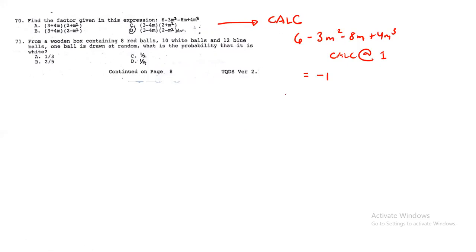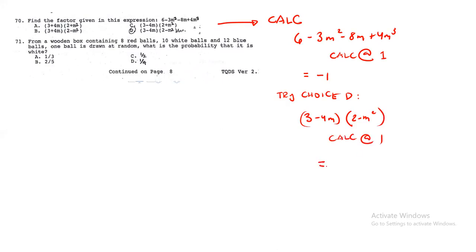Then try natin yung choices. Try choice D. So 3 minus 4m, then 2 minus m squared, calc at 1.